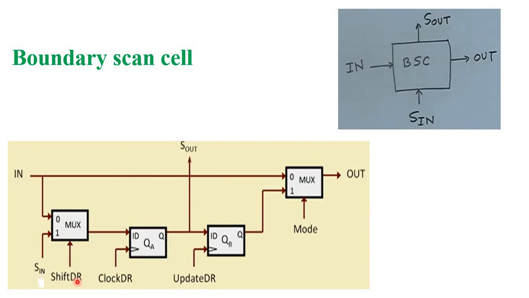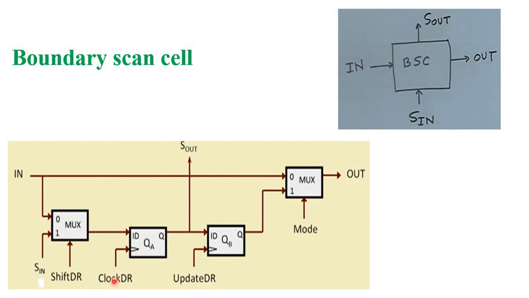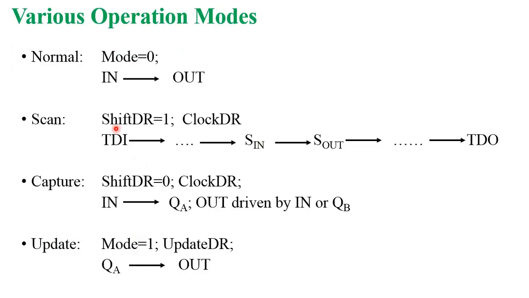Scan mode is nothing but shift DR equal to 1, and the clock is driven. Only when shift DR is 1 and the clock is driven is SI shifted to the S out through the D flip-flop. Therefore, from input to output the data can be sent serially, S in to S out.